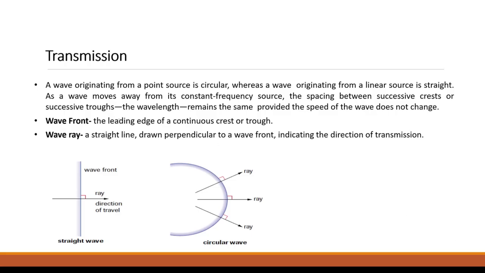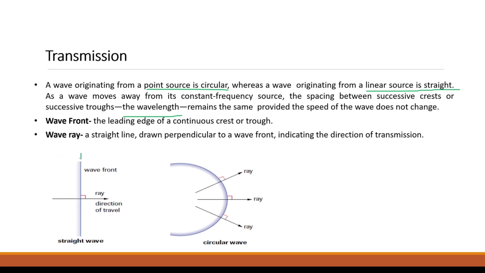So let's talk about movement. A wave originating from a point source is circular, whereas a wave originating from a linear source is straight. As a wave moves away from its constant frequency source, the spacing between successive crests or successive troughs, the wavelength, remains the same, provided that the speed of the wave isn't changing. The wavefront is the leading edge of a continuous crest or trough.